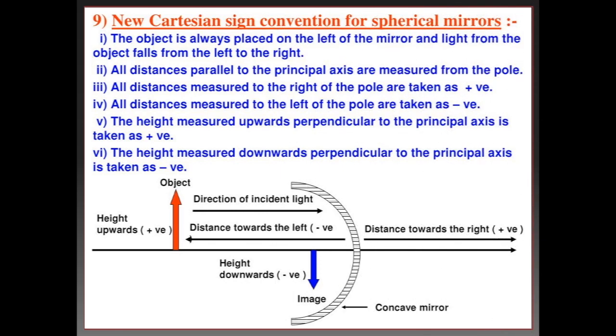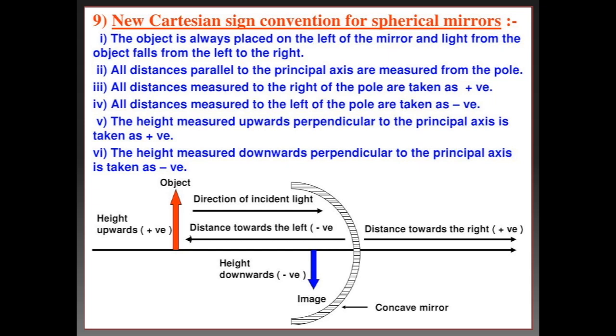Now, sign convention. What is sign convention? Cartesian sign conventions are used for measuring the various distances in the ray diagrams of spherical lenses. According to the Cartesian sign convention, the object is always placed on the left side of the lens.